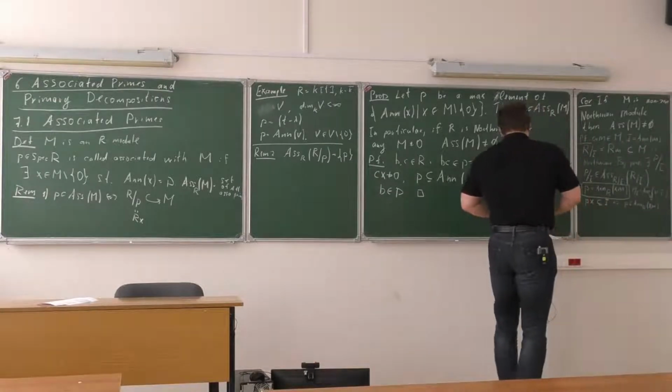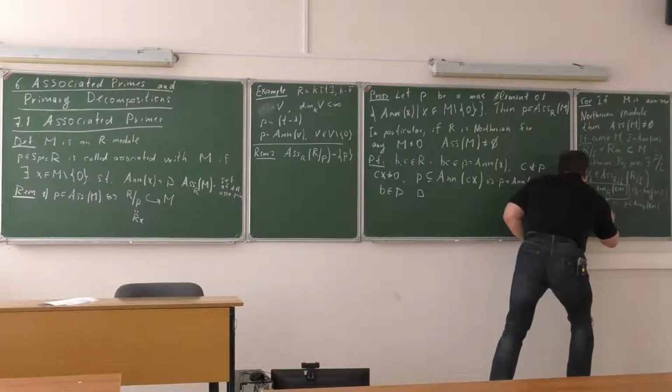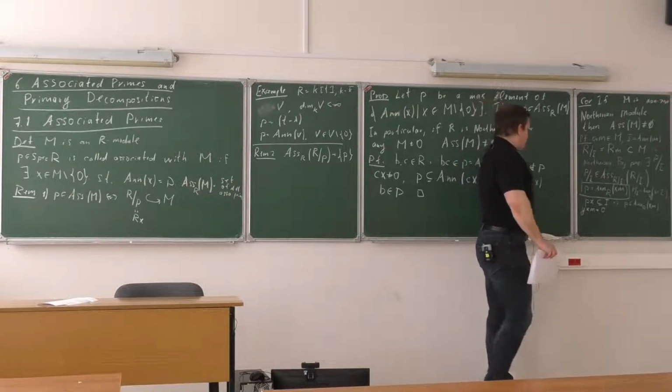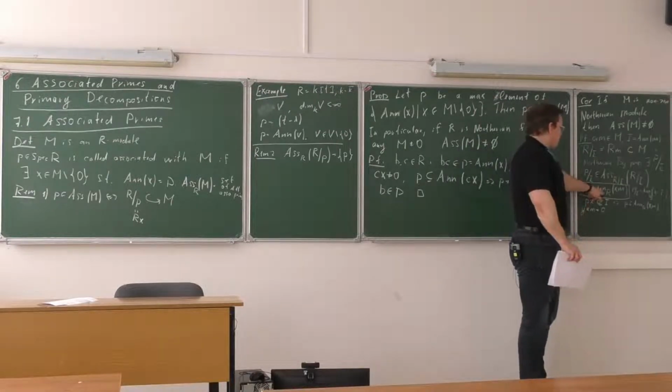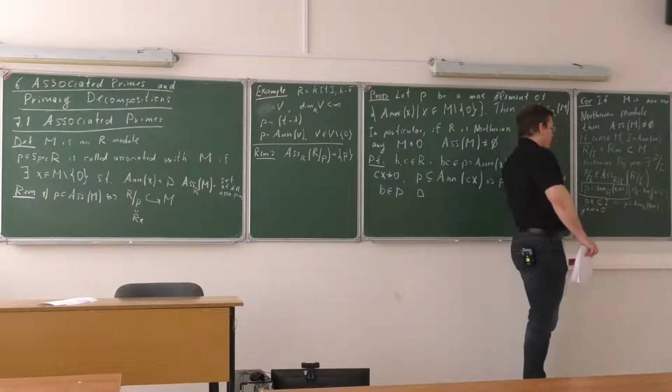Now let's try to go in the other direction. Suppose we have yxm equal to 0. So I'm assuming that element y belongs to the annihilator of the element xm, and I want to get an inclusion in the other direction.